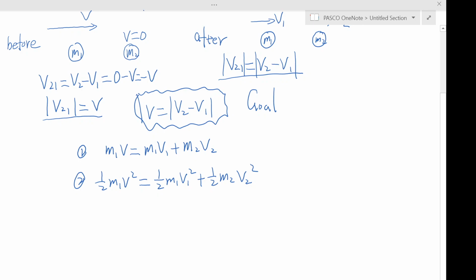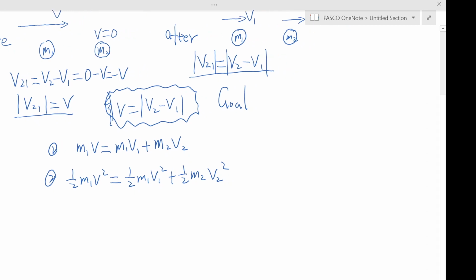I'm trying to prove v equals the absolute value of v2 minus v1. If I can represent v2 and v1 with v, and then I plug them into this expression, v2 minus v1 absolute value, technically, I should be able to get v, right? So this is my goal.